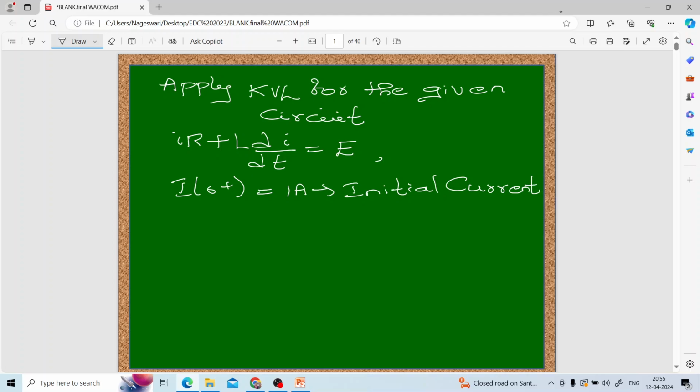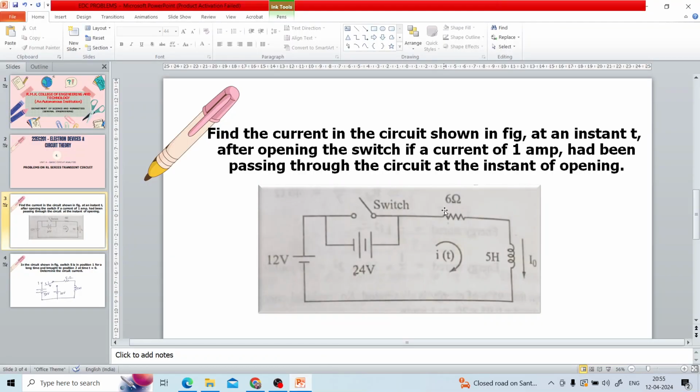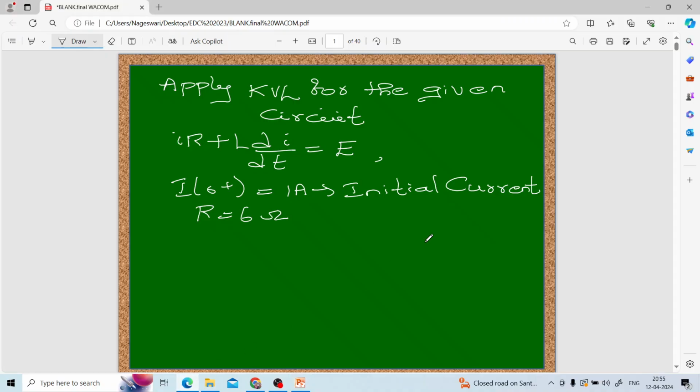And in the problem, the R value is 6 ohms, and the inductor value is 5 Henry. So this is the given question.